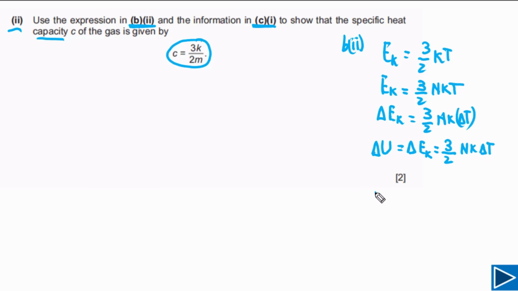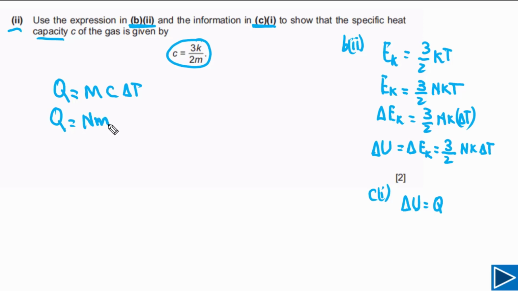In part C1 we have discussed that delta U is equal to Q. Now we have to use this information to derive this formula. So first of all, we will start from Q is equal to mass of the gas times C times delta T. M is the mass of the gas. That mass of the gas we have to write in this form, meaning capital M is equal to N times small m, because in the final expression we need the mass of a single molecule.